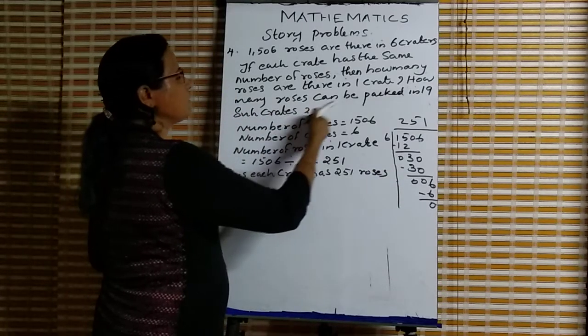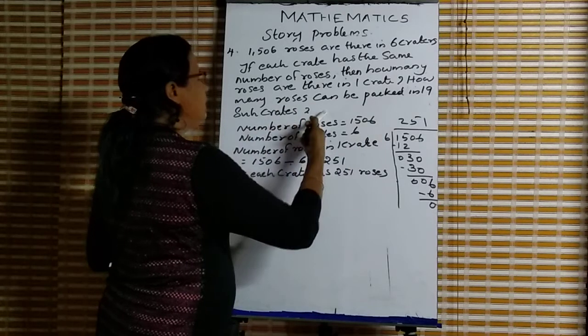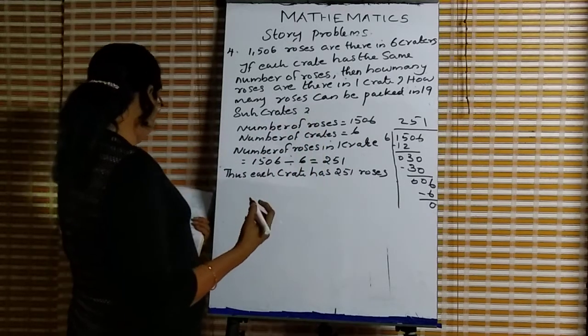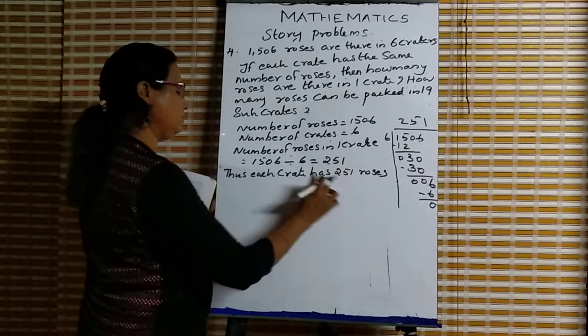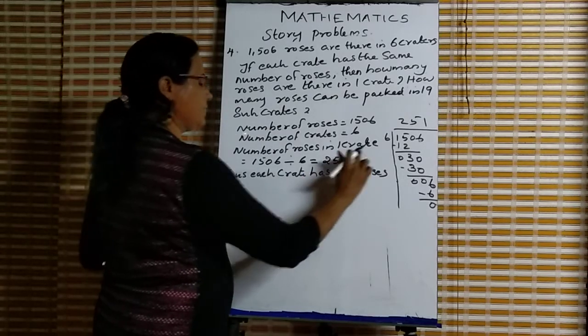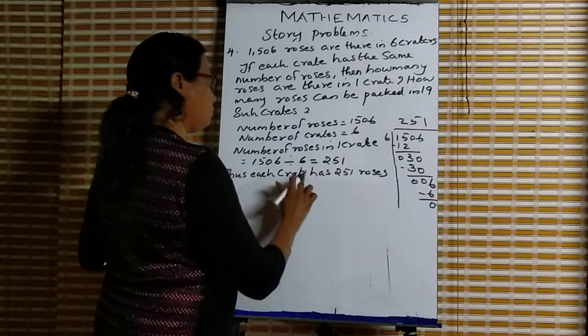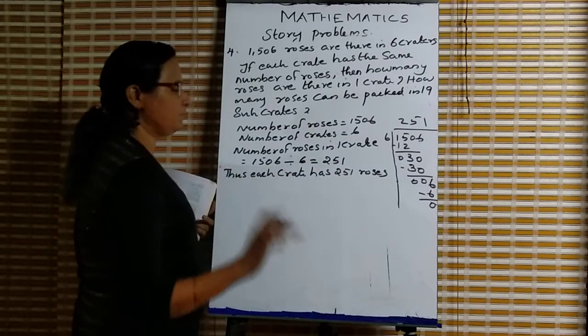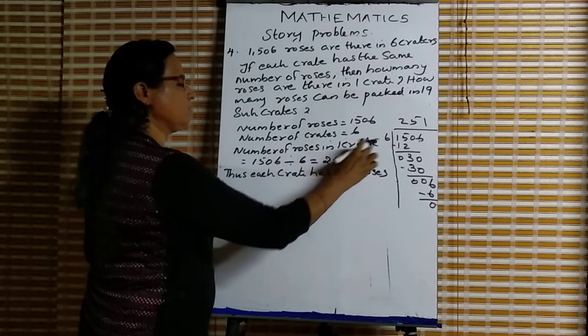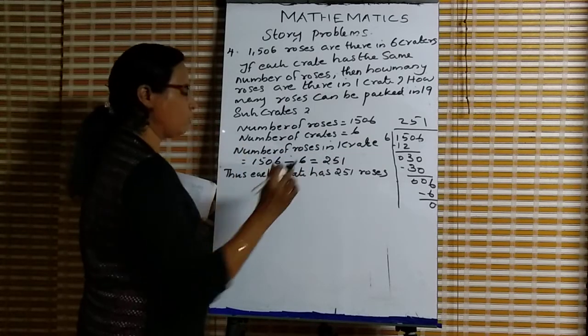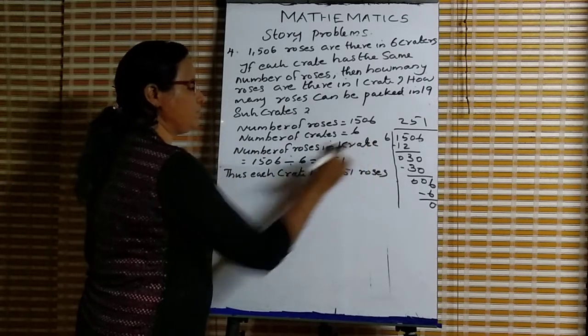How many roses can be packed in 19 such crates? Number of crates 19. Number of roses in one crate 251.